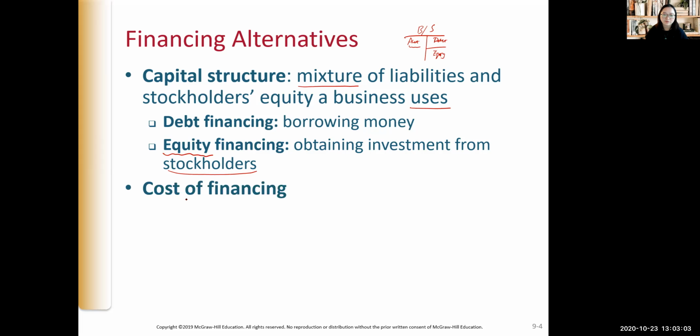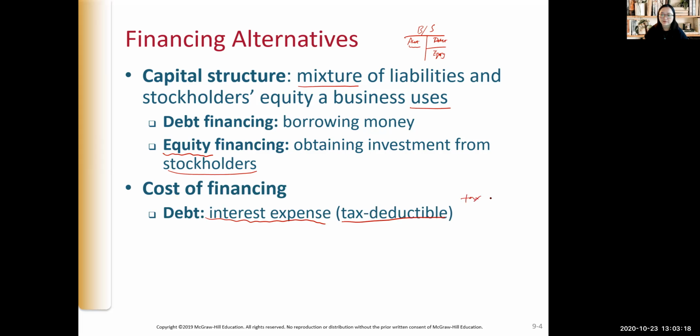So from a cost of financing perspective, we know that debt actually incurs interest expenses. And do you remember, interest expense is tax deductible? Hence it reduces our tax burden if you borrow money, right? Because the interest expense is subtracted from net income.